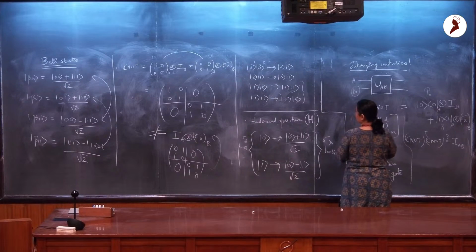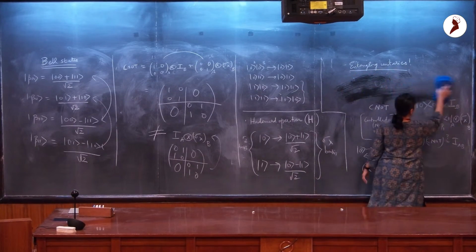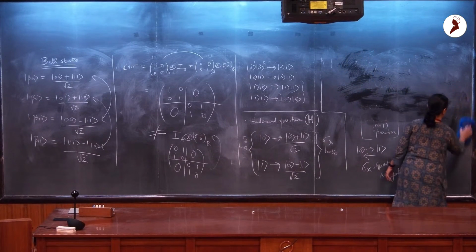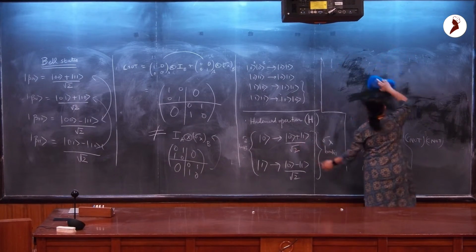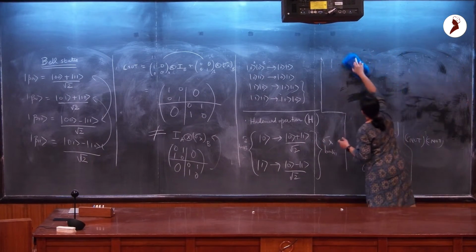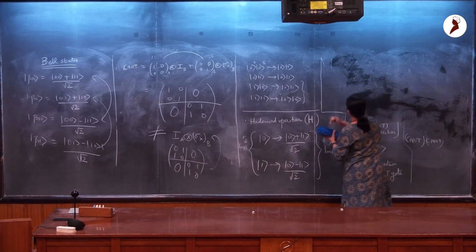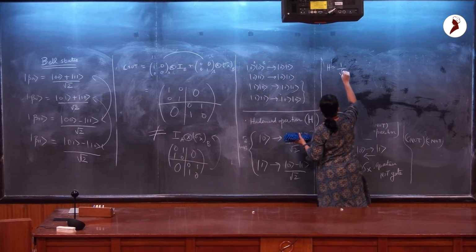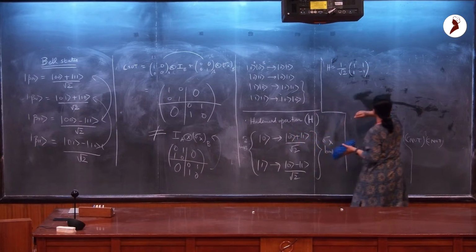So I hope I can erase this part. So once this operation is written out, it's easy to write down this matrix in the same basis, right? It looks like, so H looks like 1 over root 2, 1, 1, 1, minus 1, okay?